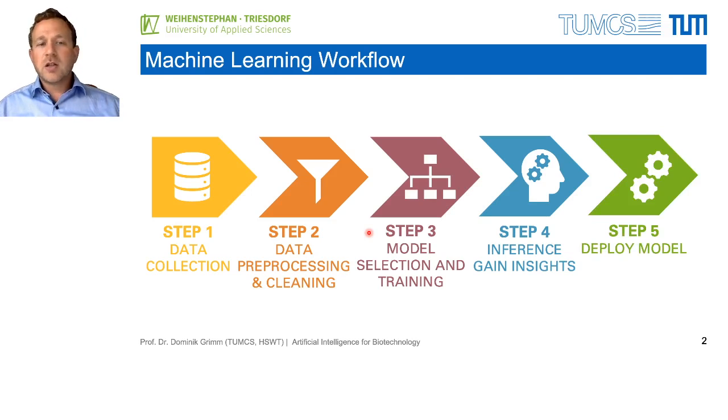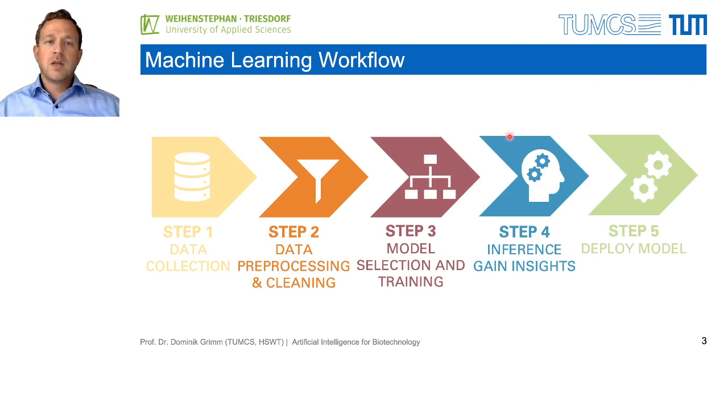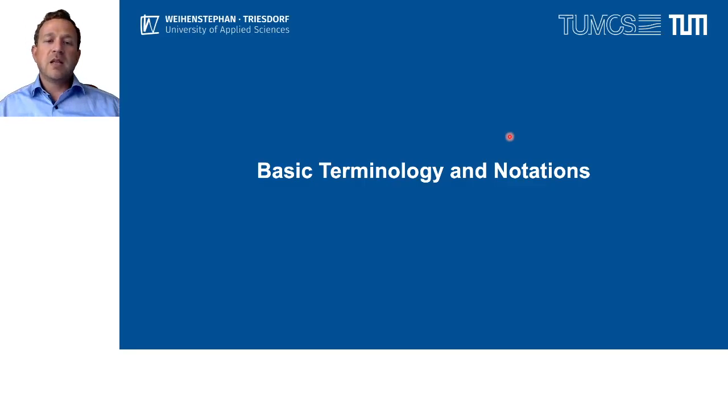So in this lecture, we will mainly concentrate on the middle part here at step 2, step 3, and step 4. The first step, the data collection, we usually let do by others, and we also won't talk in this lecture about the deployment of models. So before we can do any machine learning or before we can train any model, we have to learn about some basic terminology and notations.